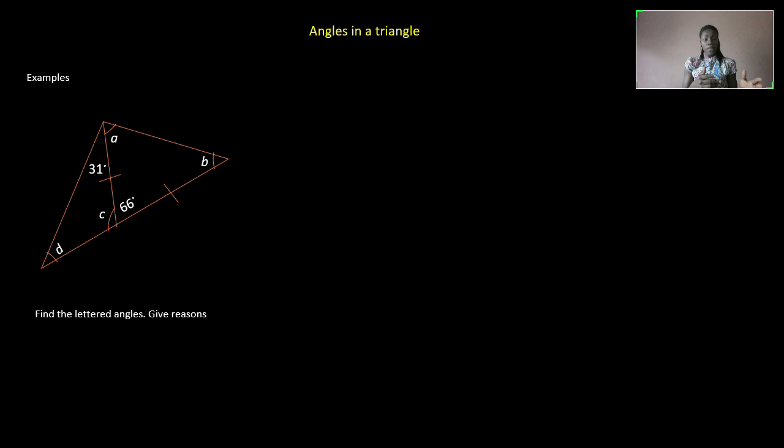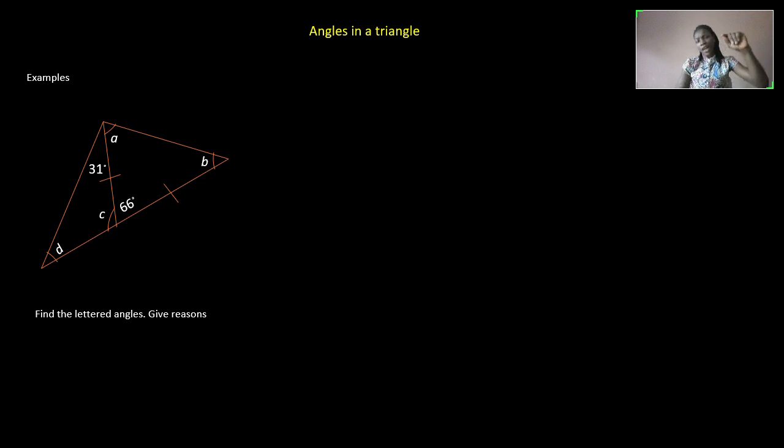Okay, if we are saying that this is equal to this, give your reason. Now, if you watch here, we can decide to find our angle A and angle B first. We can equally decide to find our angle C first. Finding our angle C, we are using sum of angles on a straight line. So we are adding angle C to angle 66 and equating it to 180. That is sum of angles on a straight line.